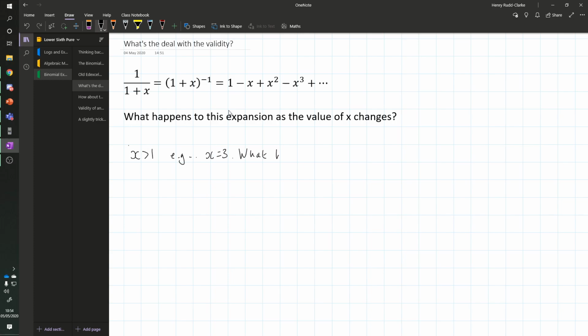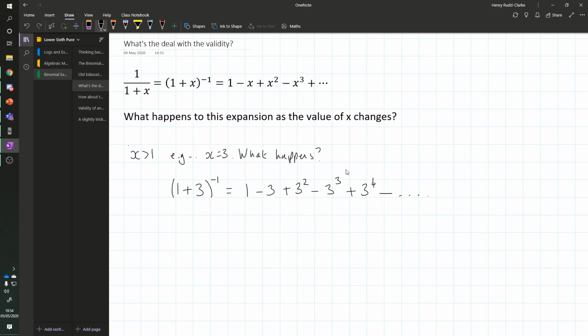So this would give us 1 plus 3 to the minus 1. We could obviously work this out. This would be a quarter. But we're looking at what happens with our expansion. So it would be 1 minus 3 plus 3 squared minus 3 cubed plus 3 to the power of 4 and so on.